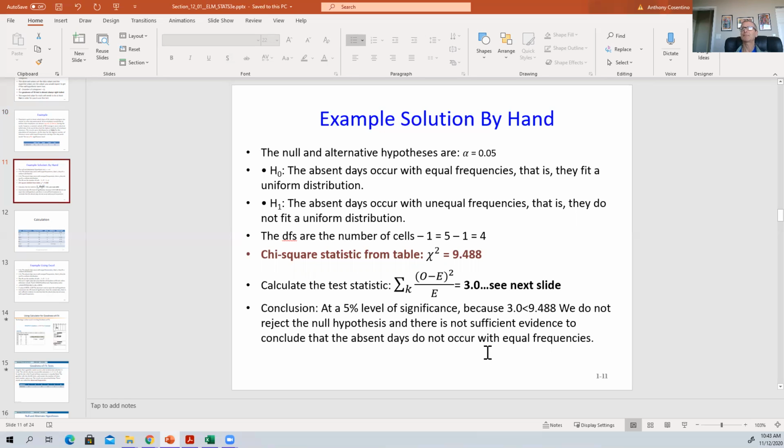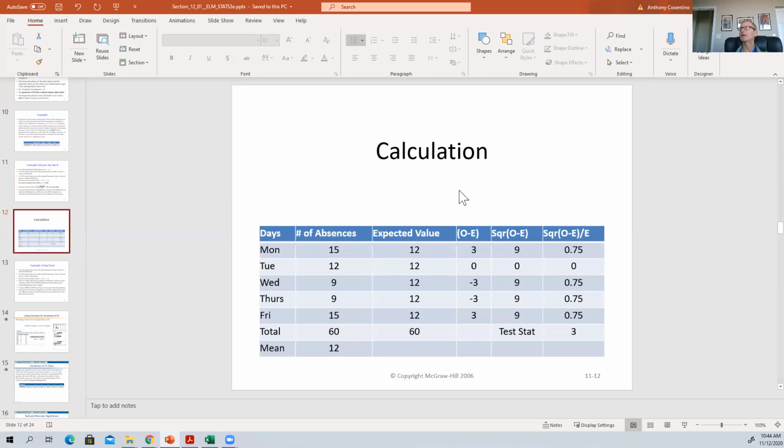So again, when we set this up using technology, we keep the same null and alternative hypotheses. The null hypothesis is equal frequency and the alternative is unequal frequency. When we did this calculation, I presented it in this table format. Back in the day before technology was available, this was the only way you could do it.